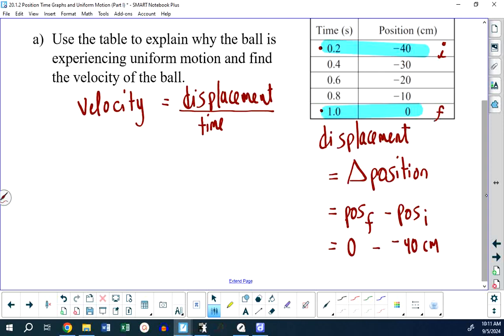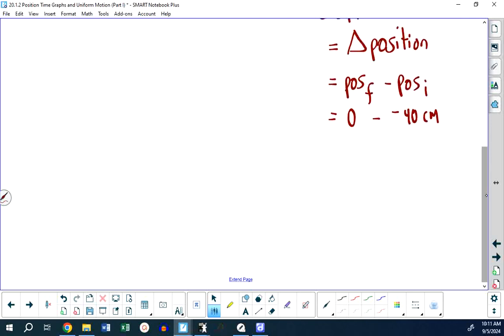I know in Science 10, your Science 10 teachers probably are pretty vigilant about saying we need units, we need units. You'll discover that in this course I don't really care too much about units sometimes, as long as we understand what they are and what the final answer has. Okay? But I'm going to put centimeters there. And when I take 0 minus negative 40, of course I get 40. So I get a displacement of 40 centimeters.